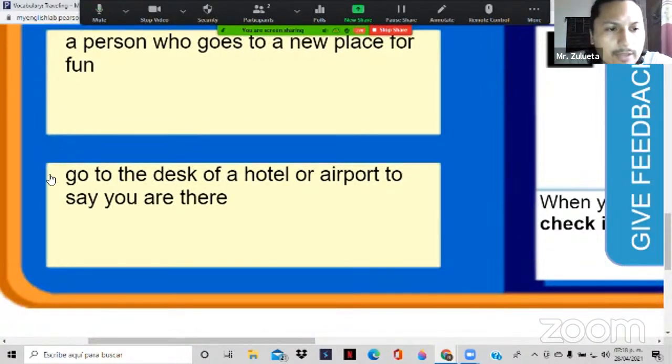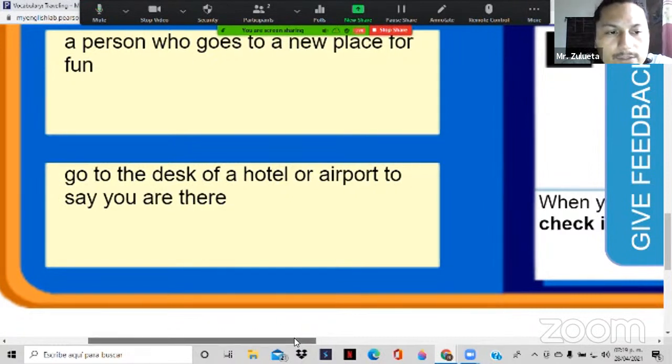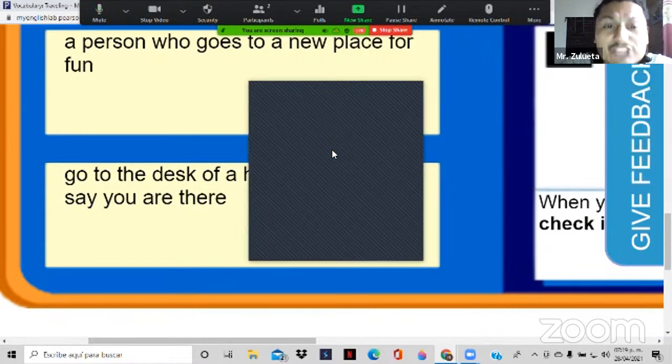Last one, go to the desk of a hotel or airport to say you are there. Which one? To go to a desk, to check in. Very good, check in.